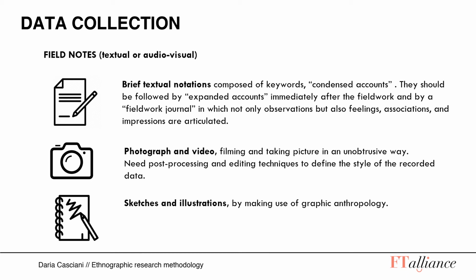These condensed accounts should then be followed by expanded accounts immediately after the fieldwork, and by a fieldwork journal in which not only the observations but also the feelings, associations, and impressions that came to the mind of the researcher are articulated.